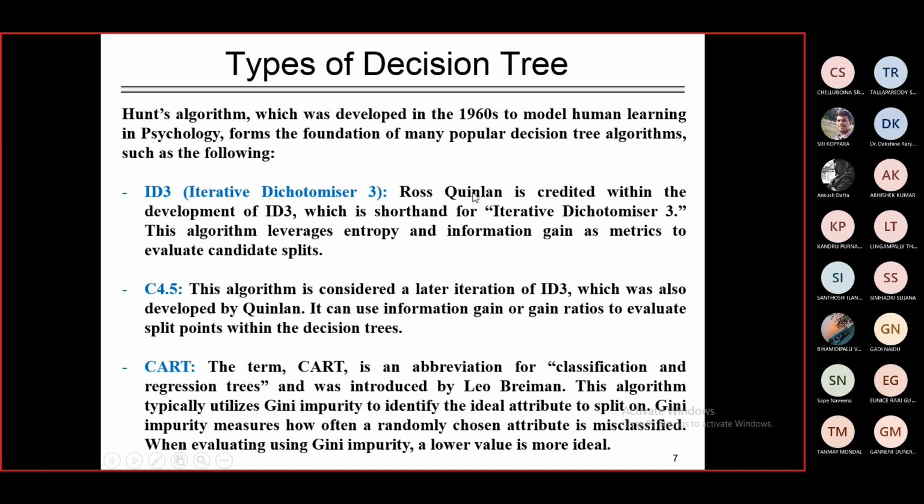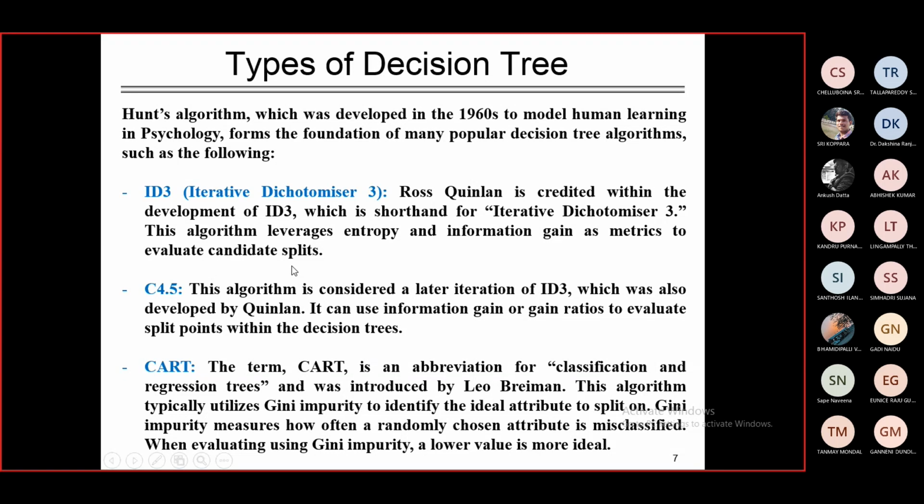So the first decision tree algorithm is also known as ID3, which is the short form of Iterative Dichotomiser 3. Here Ross Quinlan developed this ID3 algorithm, and this algorithm uses entropy and information gain as metrics to evaluate candidate splits.